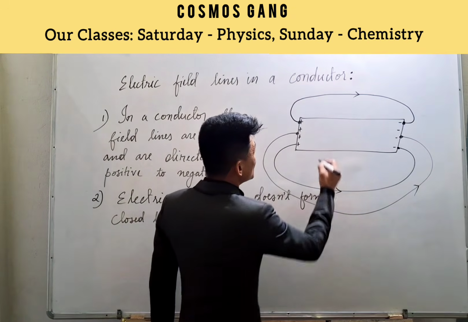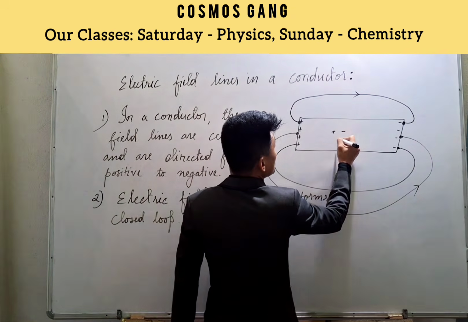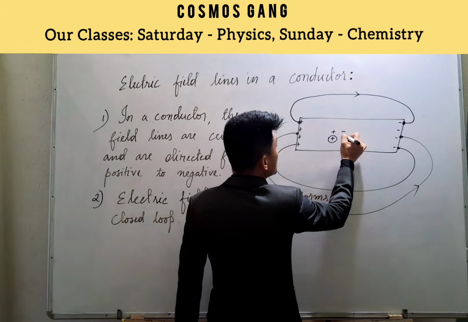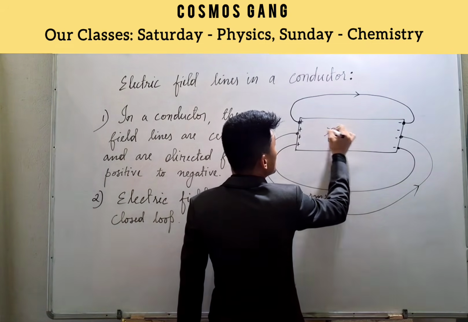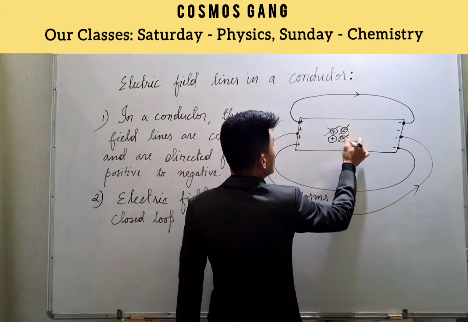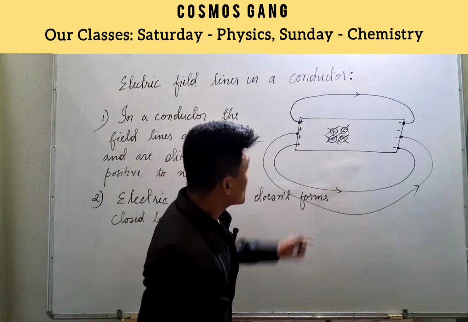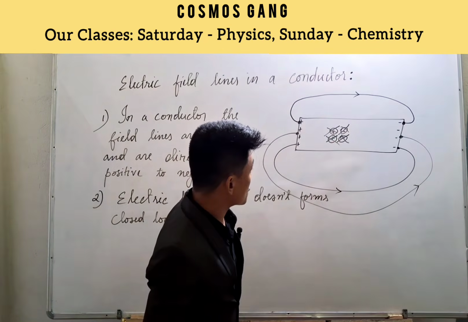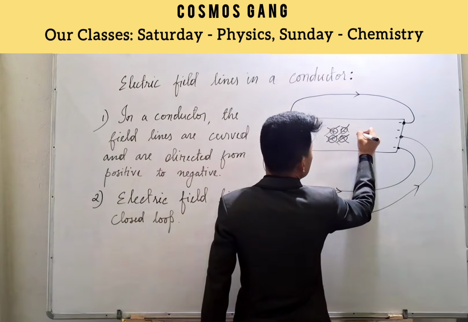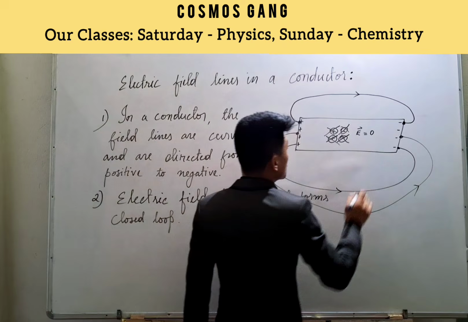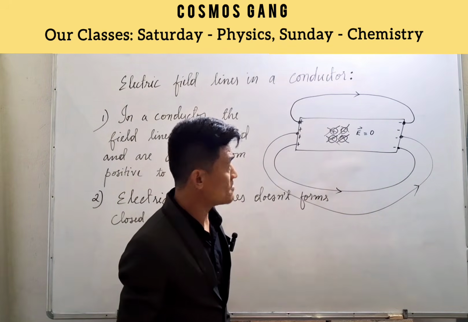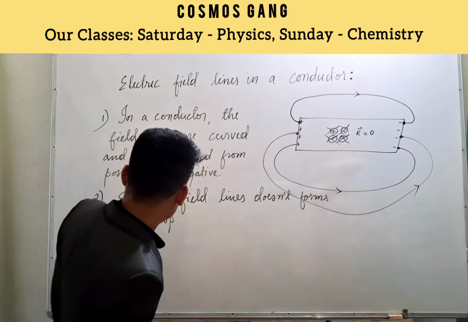It is because there are equal numbers of positive and negative charges that cancel out one another. So literally, there is no electric field inside the conductor. That means the electric field inside the conductor is zero. That is why no field lines go inside the conductor.